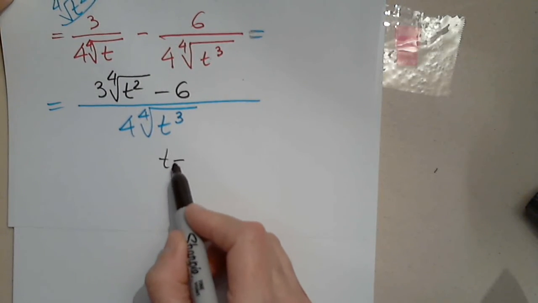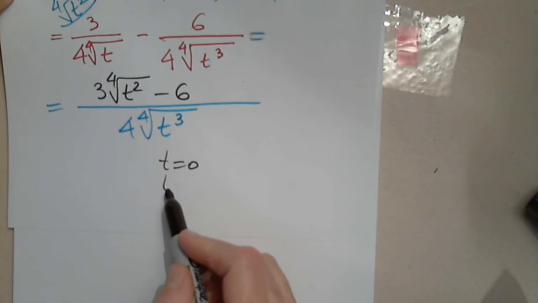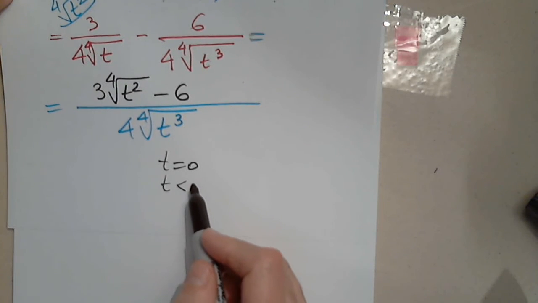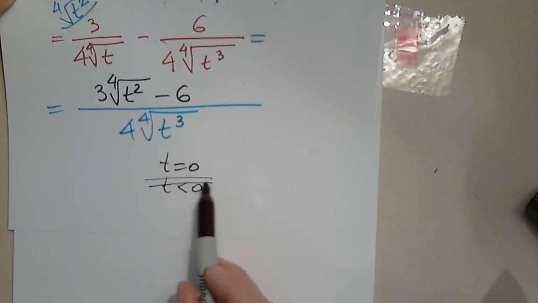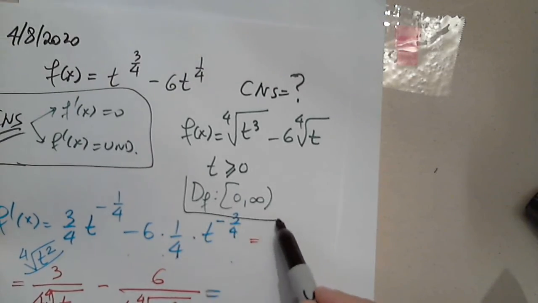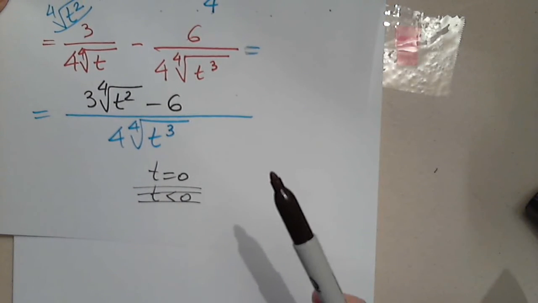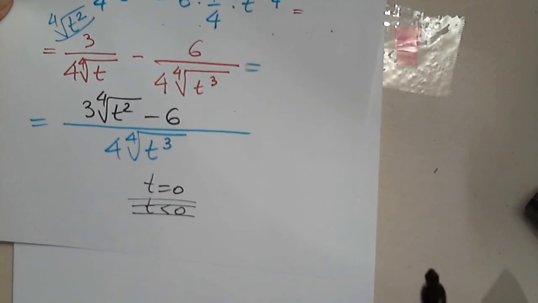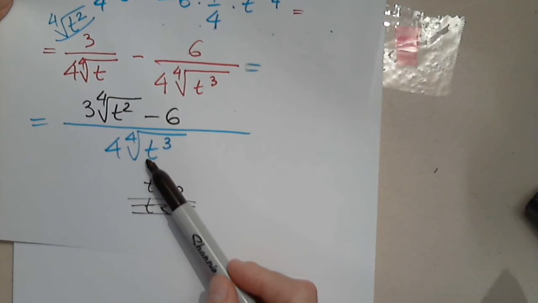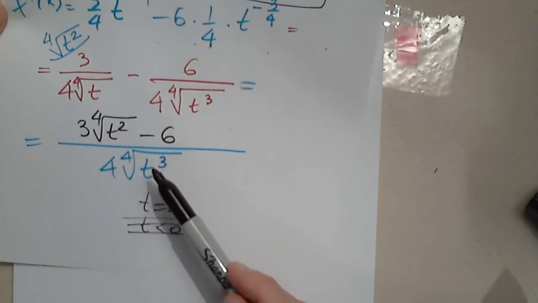It will be undefined at t equals 0, and it will be undefined when t is less than 0 as well. But that's not the case, because the domain is 0 to infinity, so I cannot even talk about less than 0. But it will be undefined when t is 0. I have 0 in the denominator.